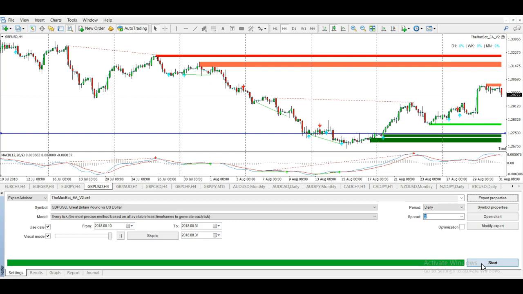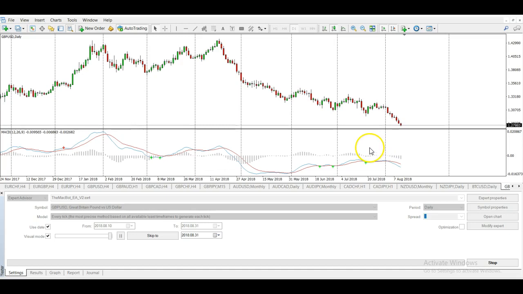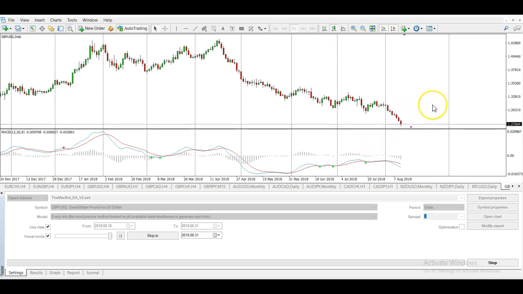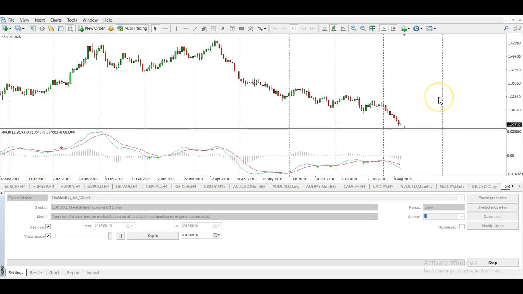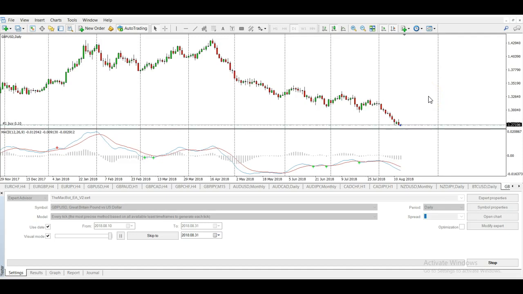And that's it. Okay, we'll just let it save and enter the trade. So we're waiting for that divergence signal to happen. There we go, it's entered the trade for us here.